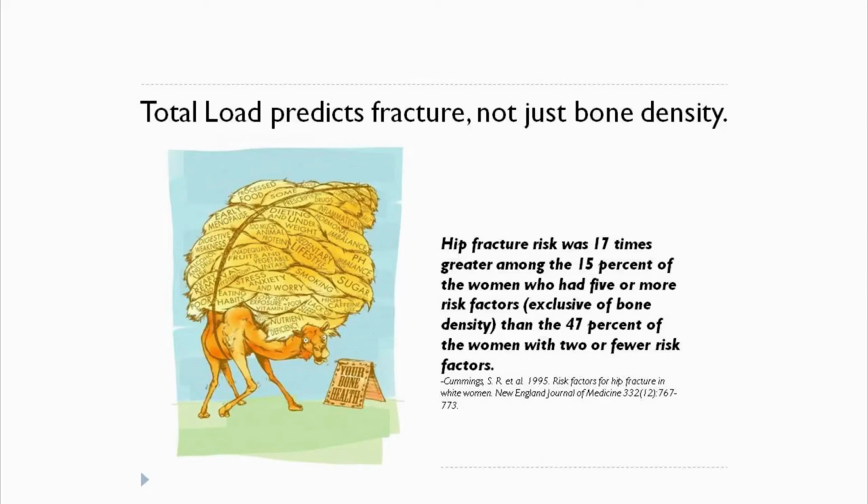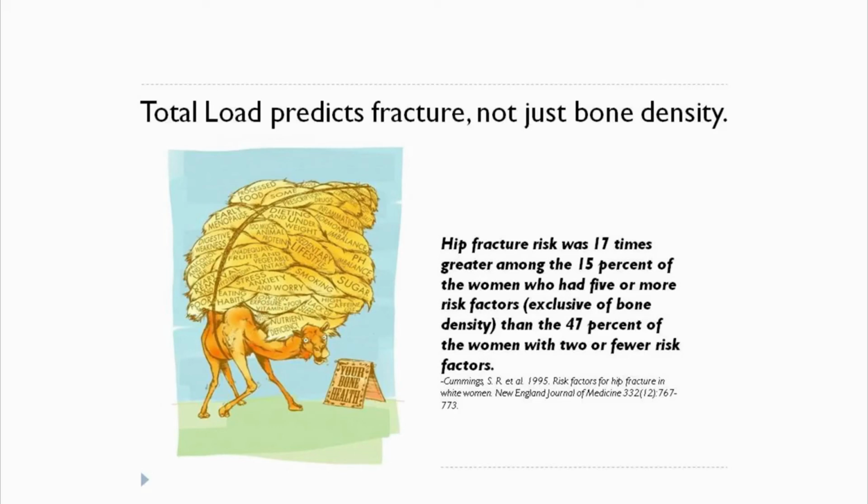If we look at the data, we see in one very big case study, hip fracture was 17 times greater amongst the 15% of women, the small percentage of women who had 5 or more major risk factors. And this was not counting bone density. This hip fracture risk was 17 times greater amongst these women with 5 risk factors or more than amongst the 40% of the women who had 2 or fewer risk factors.